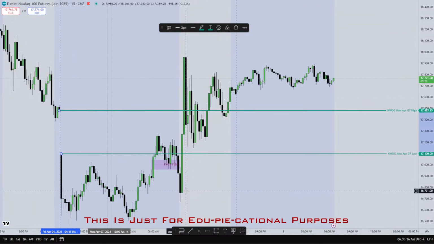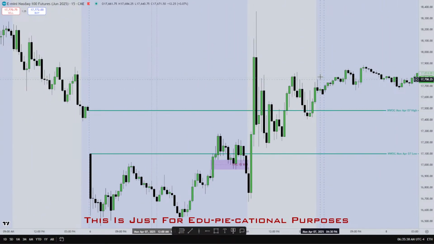In yesterday's trading, from here to here, the market was in a London and Asia range. Initially, the market stepped up and cleared the buy side liquidity and reached almost 50% of the new week opening gap of Monday, April 7th.